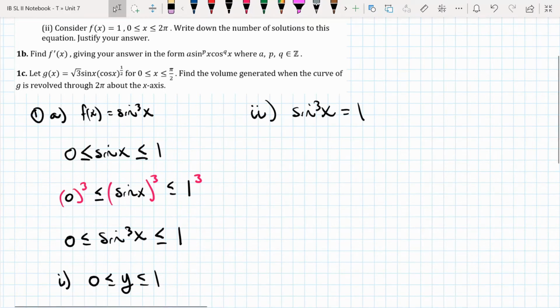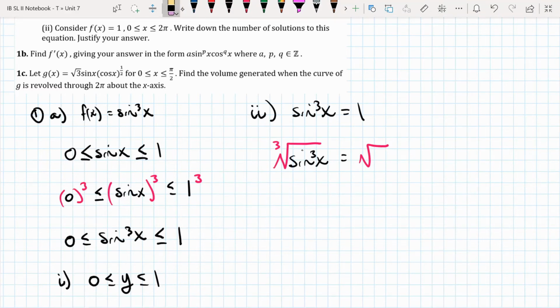To do that, let's take the cube root of this function. When we take the cube root, it'll undo the cubed. So on the left-hand side we get sine of x, which is what we get when we take the cube root of sine cubed, equal to 1.